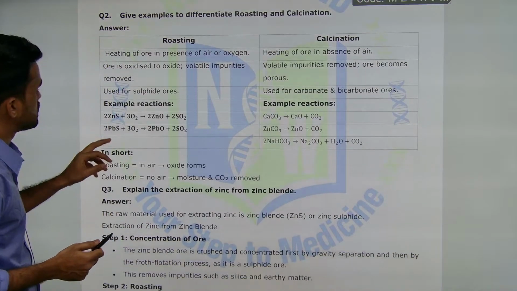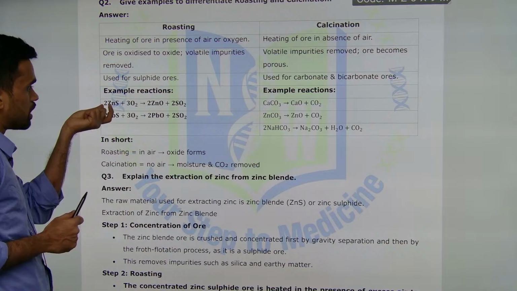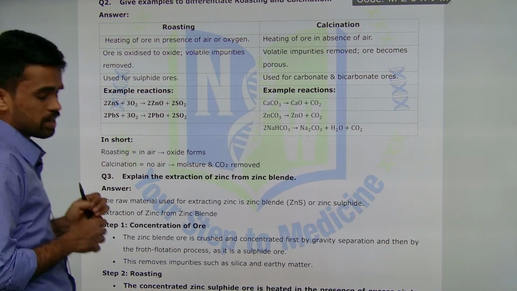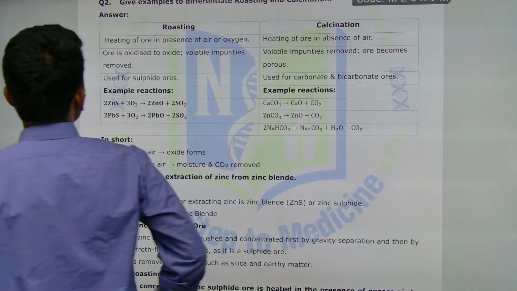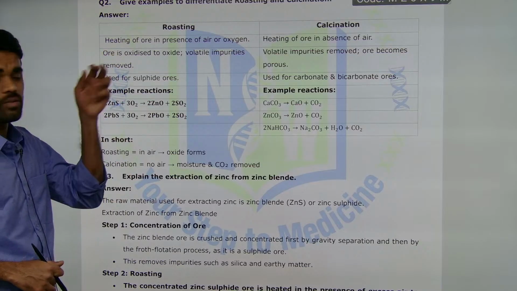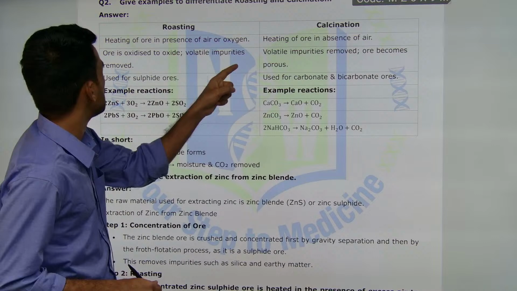See here, zinc sulfide is there. Look here, ore is oxidized to oxide, whereas volatile impurities are removed.